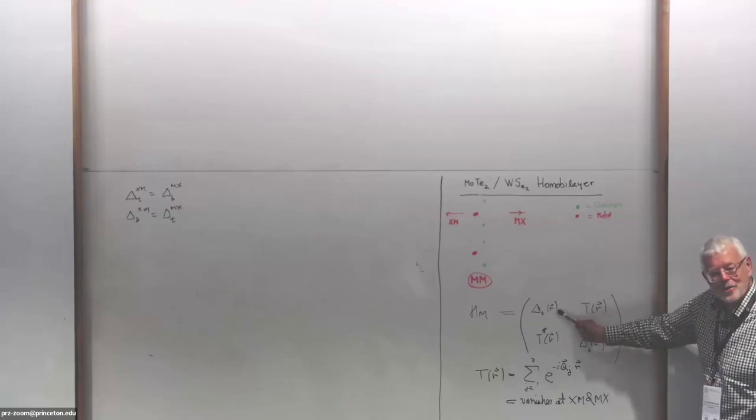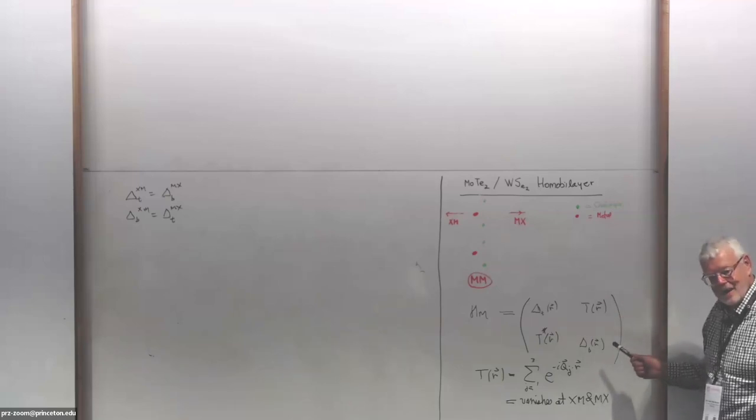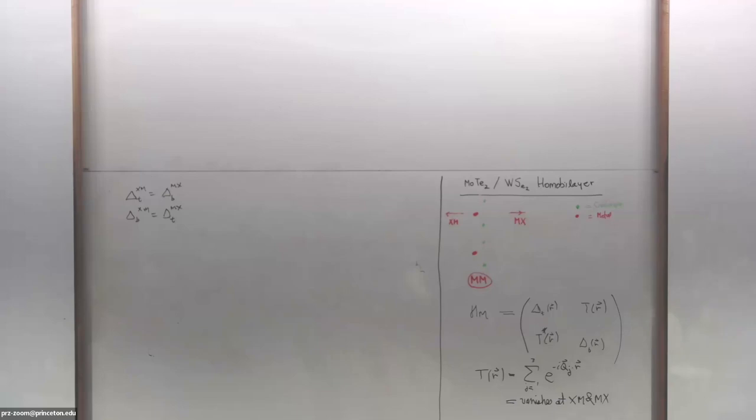If this is the only term I had in the Hamiltonian, then at every position in space, the local spinor would align with the local pseudospin field, right?